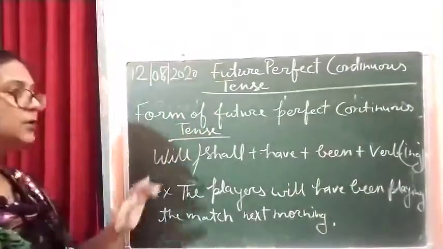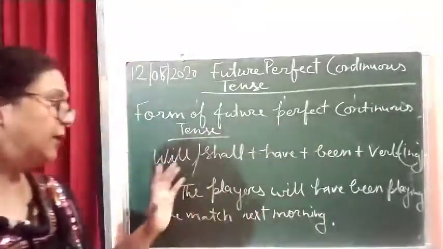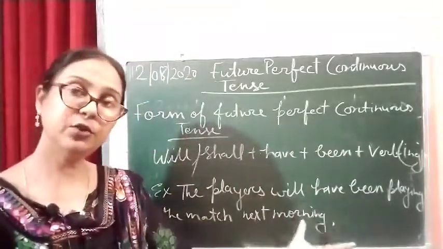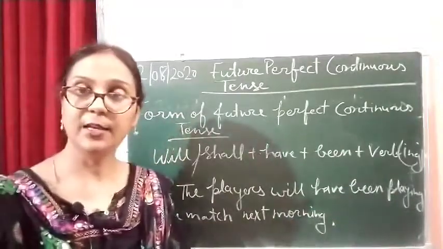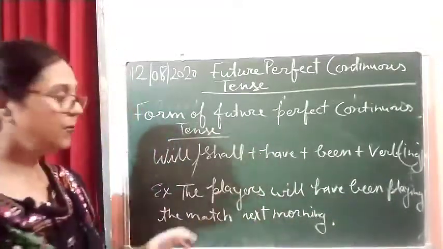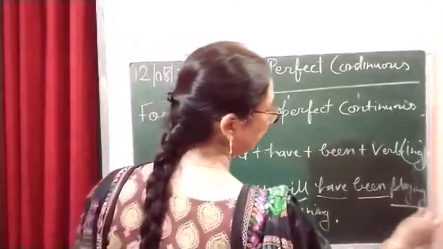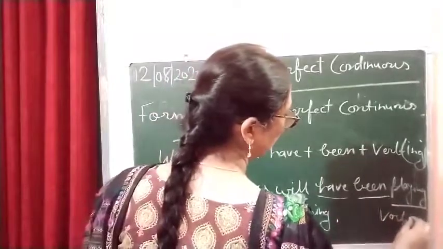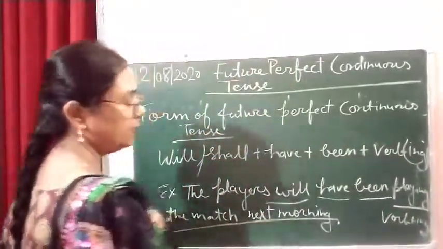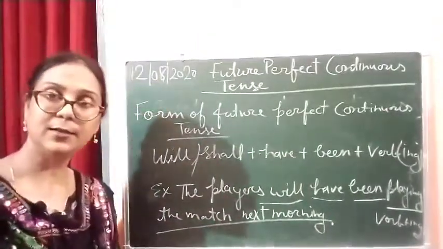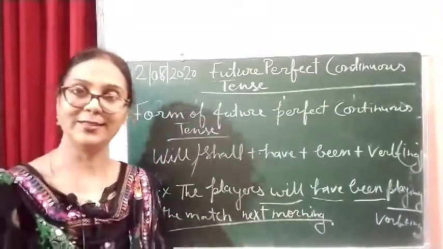It means the players, this is in the future, will have been playing the match next morning. So this way we have placed over here will, have, been and the verb with ing, and then the other words of the sentence. That is how we can make future perfect continuous tense.